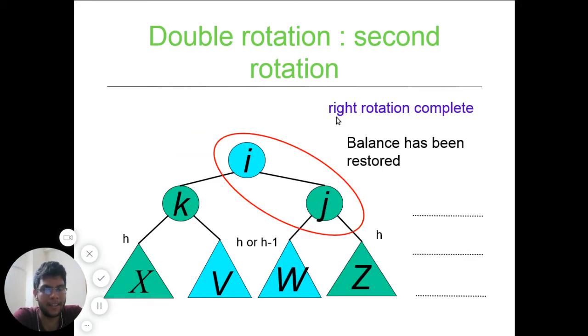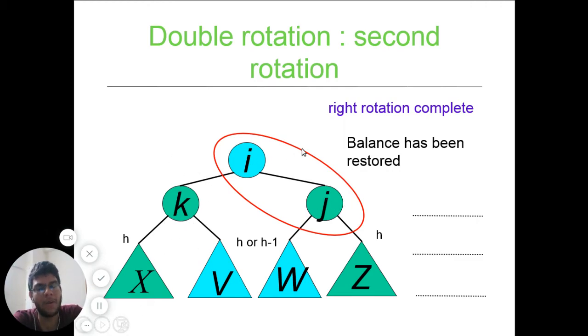And yes, like before, going into the diagram and balance factor, we can visualize and see that now the tree is looking quite balanced. As we go into the depth, we see z has height h, w has height h or h minus 1. So j's balance factor is 1 or 0, whatever the case is. Similarly for node k, it will be 1 or 0. And node i, the height of node k is h plus 1 because x has height h.